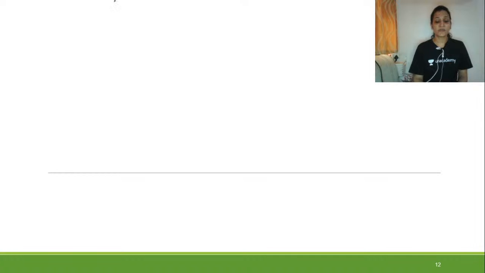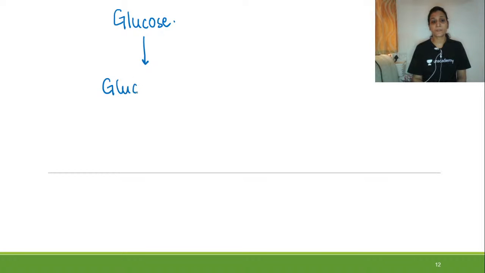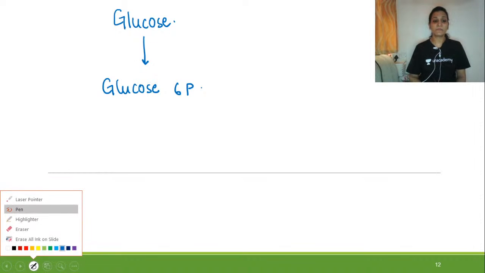Moving ahead, we are saying that glycogen is formed from glucose. So how is it formed? The glucose will get converted into glucose 6-phosphate with the help of an enzyme.